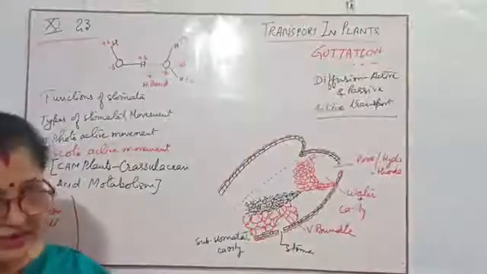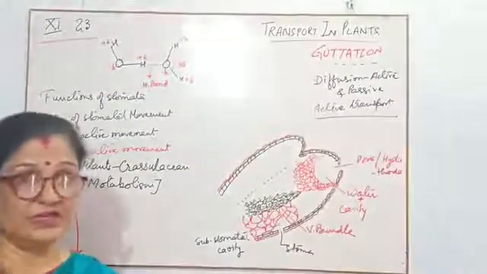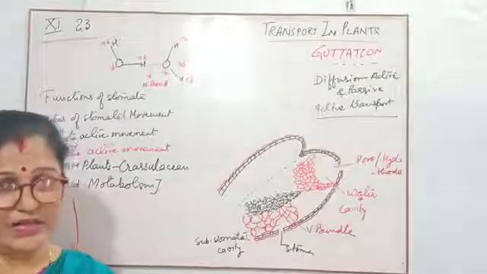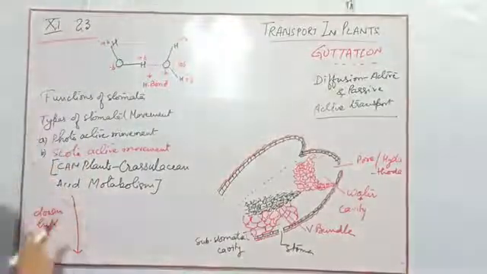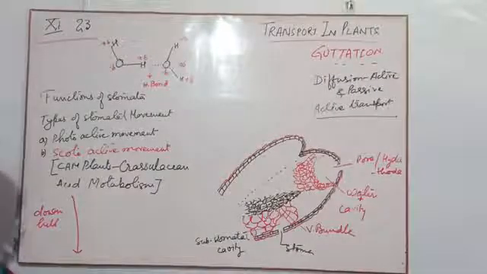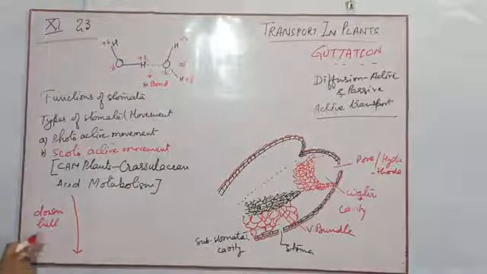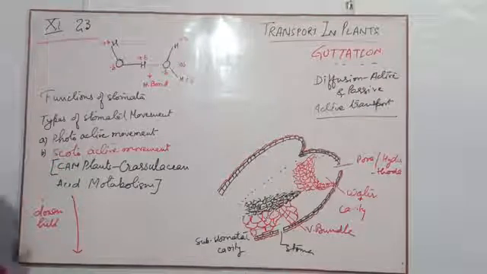Or suppose you are on a two-wheeler, there will be a machine. If you are on your bicycle or walking, you will not paddle the cycle, the cycle will move by itself from a high level to a low level. This is simple diffusion.